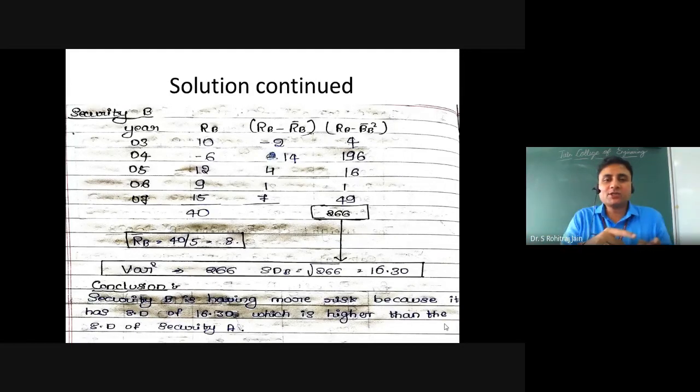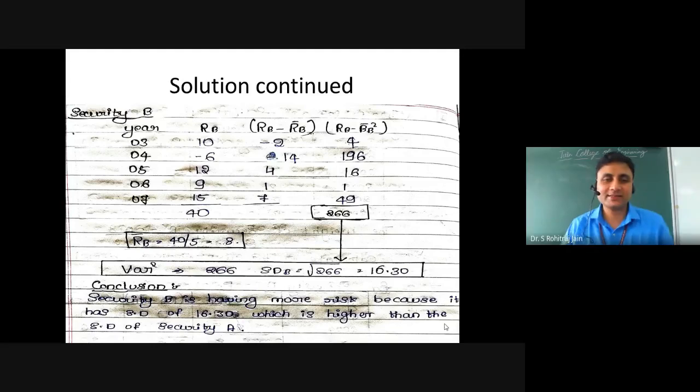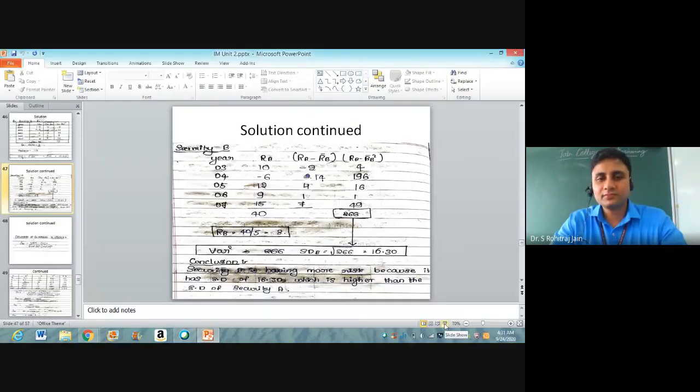Similarly, minus 14 square is 196. Correct? Any other doubt? Good, very good. That means you people are following up. You are identifying the mistakes. You are correcting me. Good.